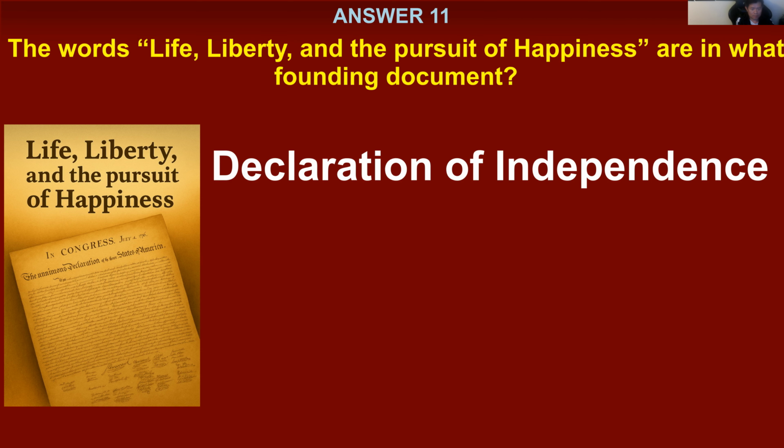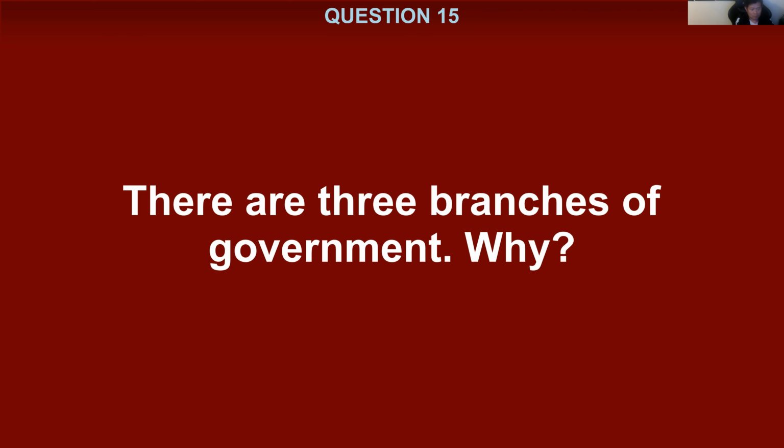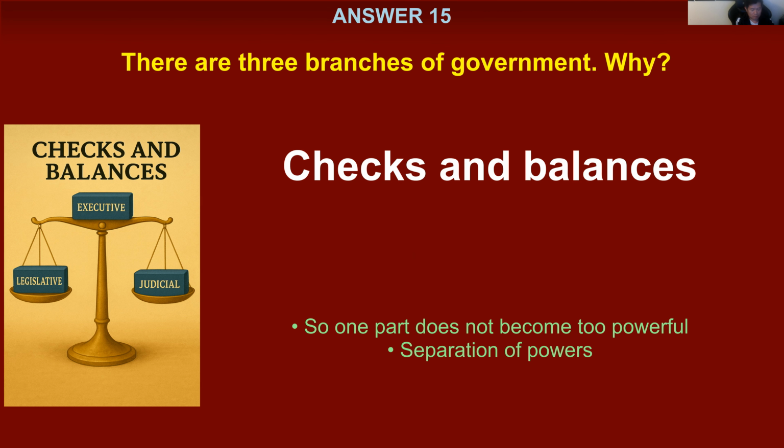Many documents influenced the U.S. Constitution. Name one. Declaration of Independence. There are three branches of government. Why? Checks and balances.